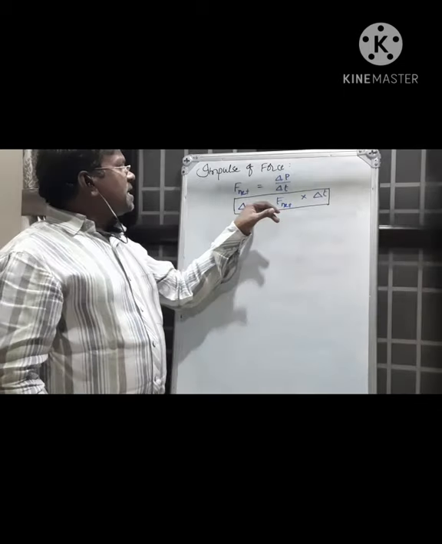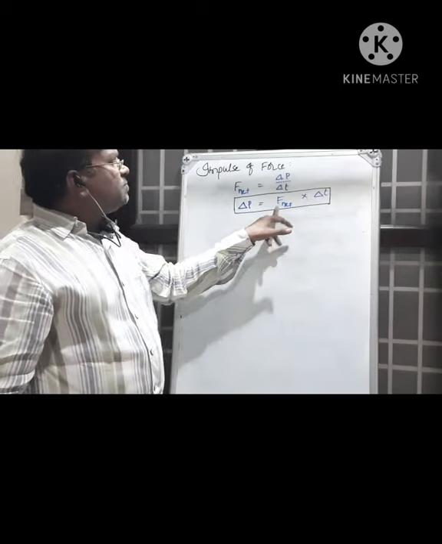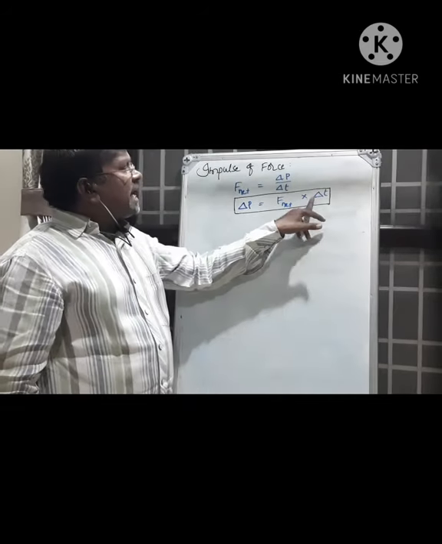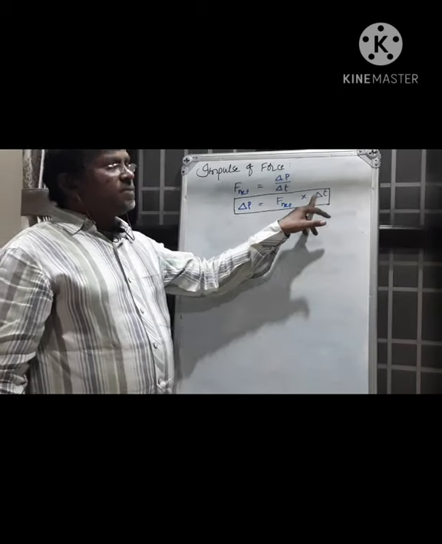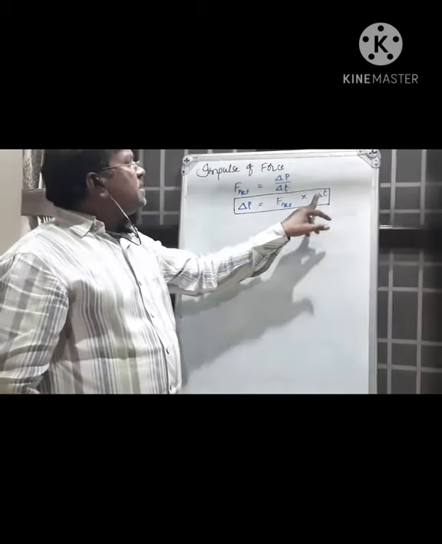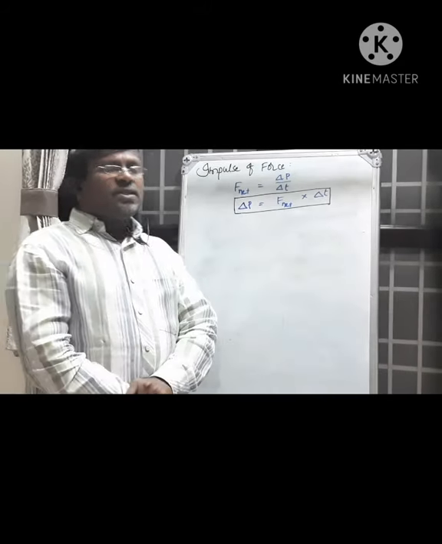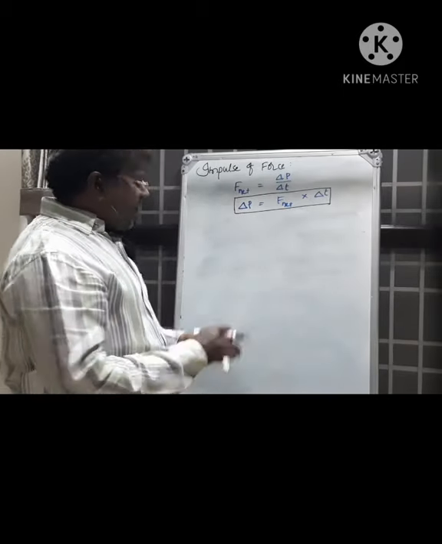In other words, the impulse can be defined as the product of the net force acting on a body and the interaction time. Okay, this is the formula for the impulse.